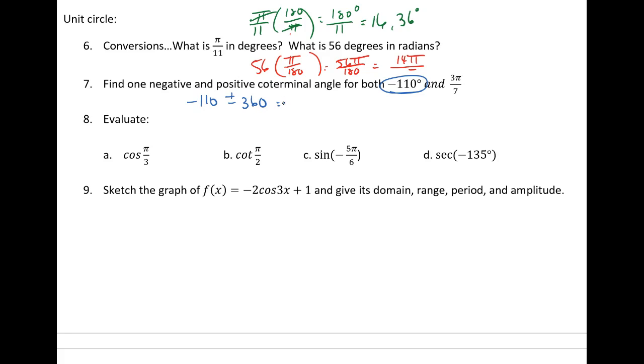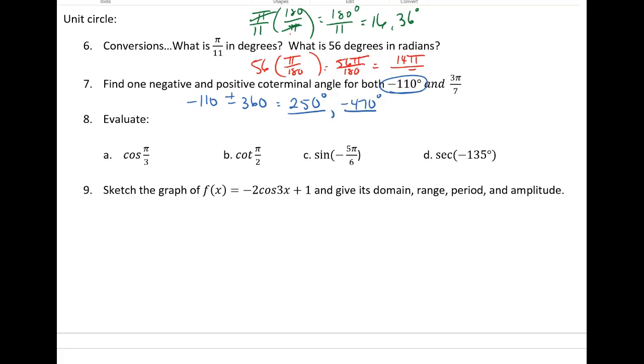So that's what I'm going to do. I'm going to take negative 110, and when I add 360, I'm going to get 250, and there's my positive one. And if I take negative 110 and subtract 360, I'm going to get my negative one, and I'm done.